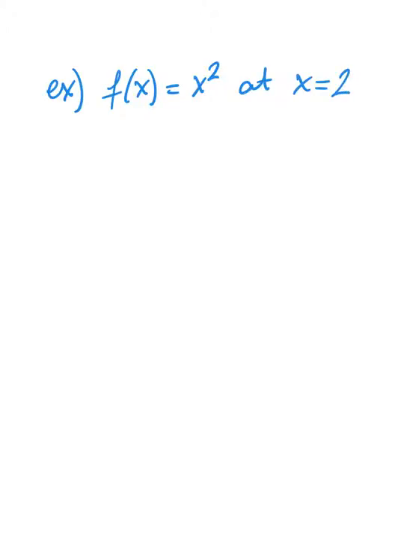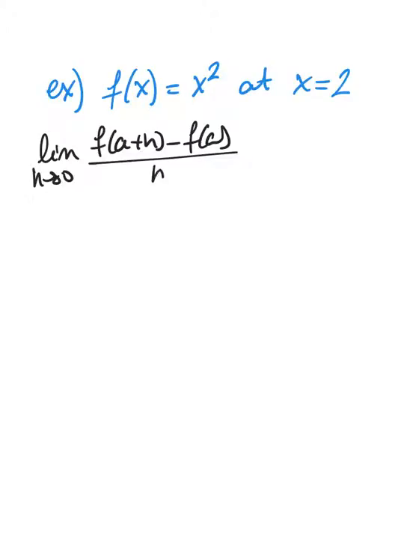So to do this, we have to use our formula. So limit as h approaches 0 of f of a plus h minus f of a all over h. Now, here's the thing. This is all algebra. This is where students get messed up because it's a whole lot of algebra. There's not a lot of calculus here. It's algebra.